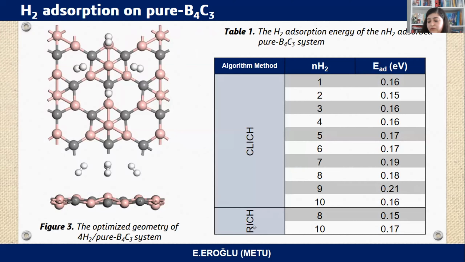I will give you information about these algorithms later in my presentation. Here, the absorption energies of the systems are in the range of 0.15 electron volt to 0.21 electron volt. Considering that the appropriate energy range for storing hydrogen is 0.2 electron volt to 0.6 electron volt, these values aren't the best.